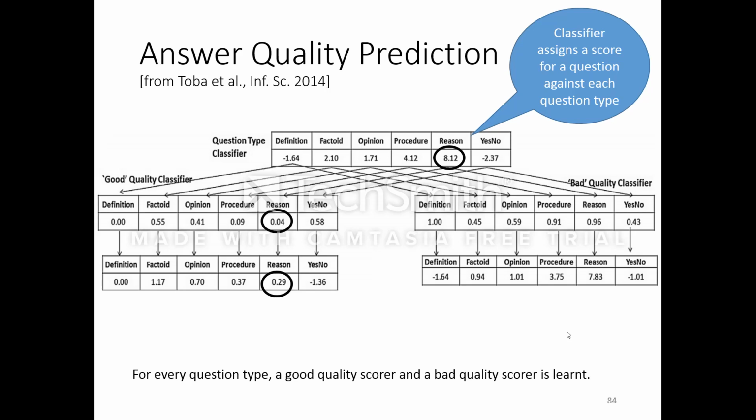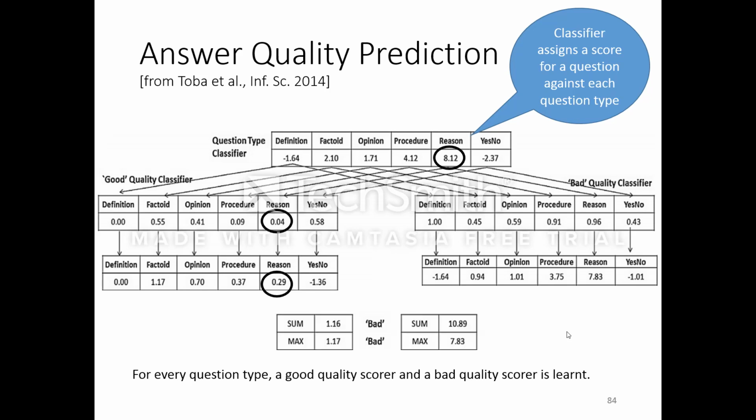So which is the score that a question is of a particular type, which in this case is 8.12 for the reason question type, and then the score or the likelihood that the answer is of good quality given that particular question type, which in this case is reason, right? So you now multiply these two things and you get 0.29. So if you multiply 8.12 by 0.04, you get 0.29, right? And you do that for all the possibilities, all the combinations.